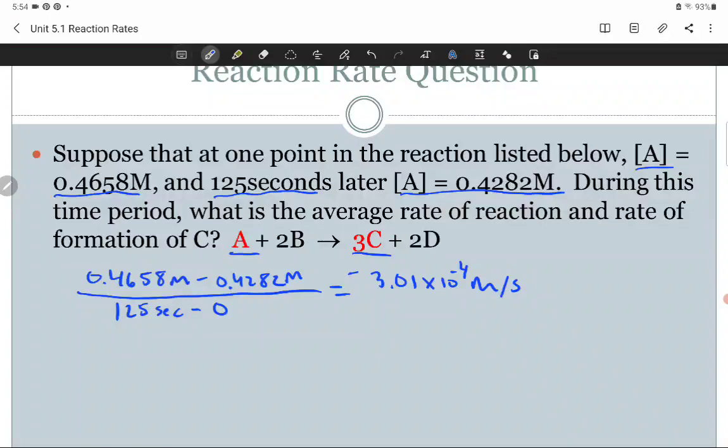Now if I wanted to do C, C is just going to be 3 times that value because it's a 1 to 3 ratio. So for the rate of C, it's going to be not a negative this time because it's a product, and I'm just multiplying it by 3.